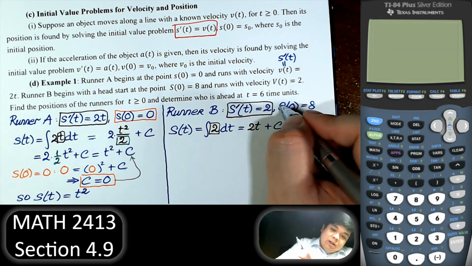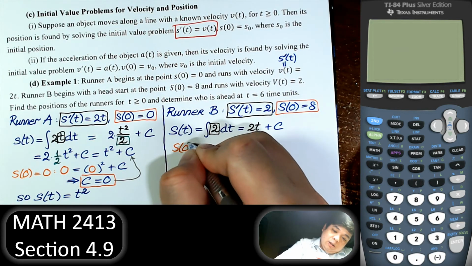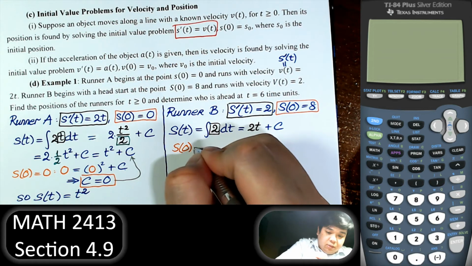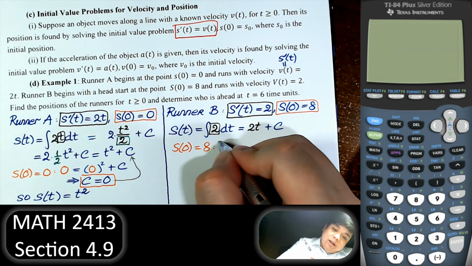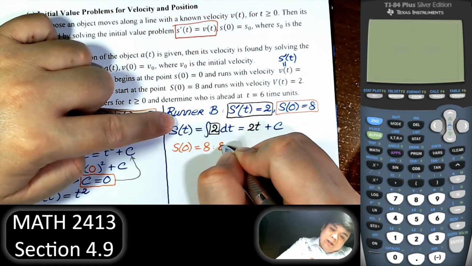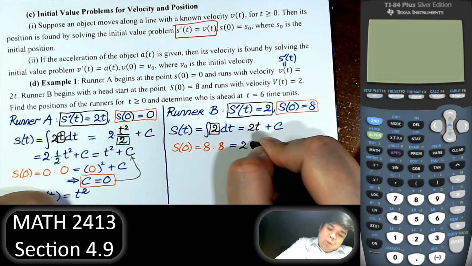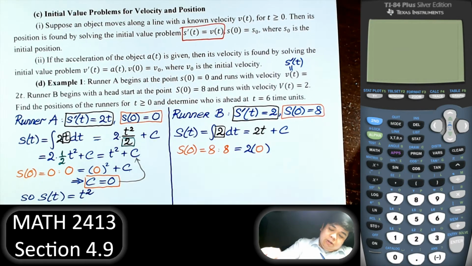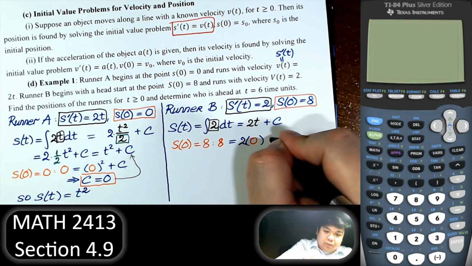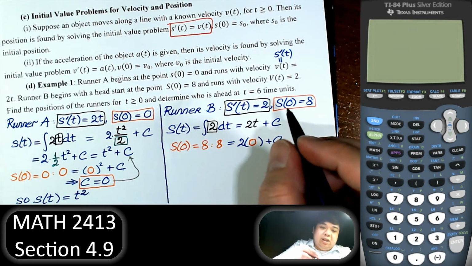Now the initial condition, meaning that we will make it equal to 8 where t is equal to 0. Right, that's simple enough.